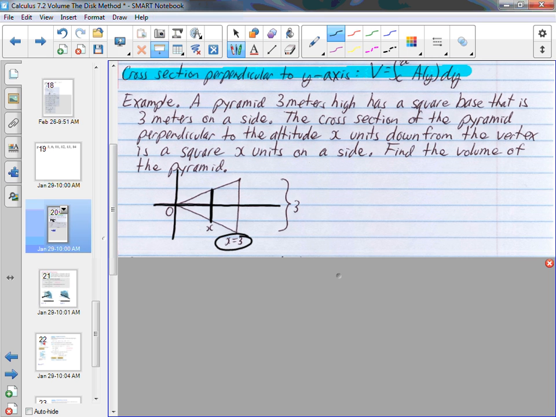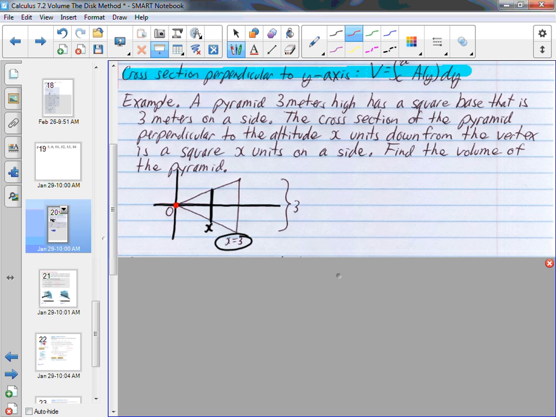So, I've got that. I'll call it x. It's x units from, oh good, from the origin. That makes sense. X units down, from the vertex. All right, so that needs to be the pointy part of the pyramid right there. That's the official word, the pointy part. That's the book definition.